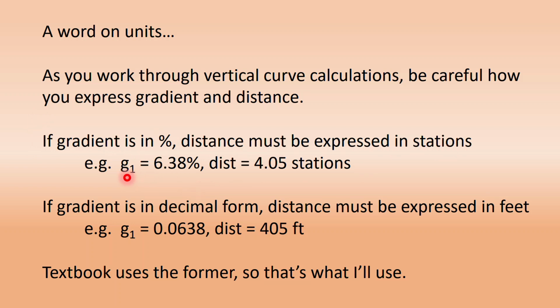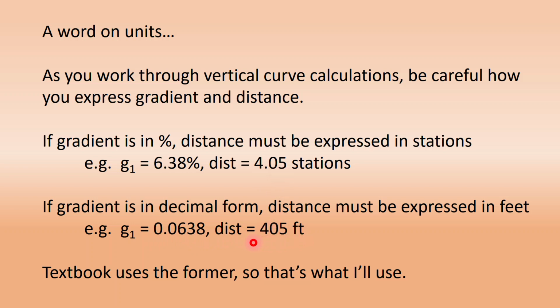For example, if G1 equals 6.38%, your distance would be expressed something like 4.05 stations. But if you're doing something more conventionally, if your gradient is in decimal form, your distance would be expressed in feet. So with these exact same numbers, in decimal form, G1 would be 0.0638. And if that's how you're expressing your slope, then you would express your distance as 405 feet, not 4.05 stations.